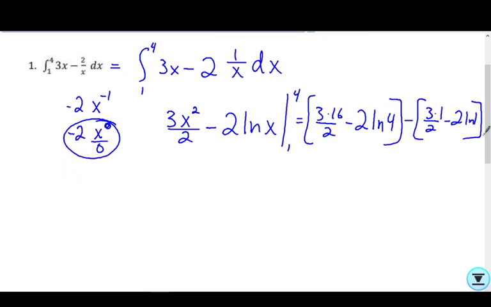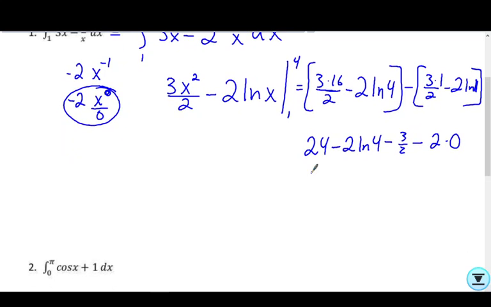Okay, now we simplify. 16 divided by 2 is 8, so this is 24 minus 2 natural log of 4 minus 3 halves minus 2 times the natural log of 1, which is 0, so this is 2 times 0.